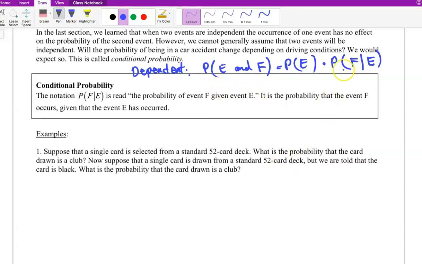So using that one, we can find this. That is the probability of F dependent on E, which is equal to this divided by the probability of E on both sides.